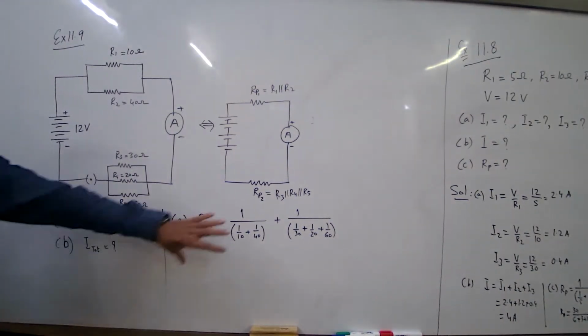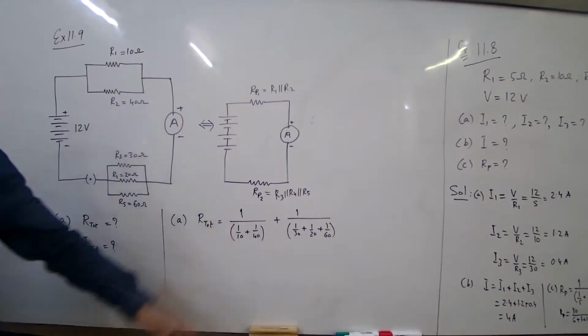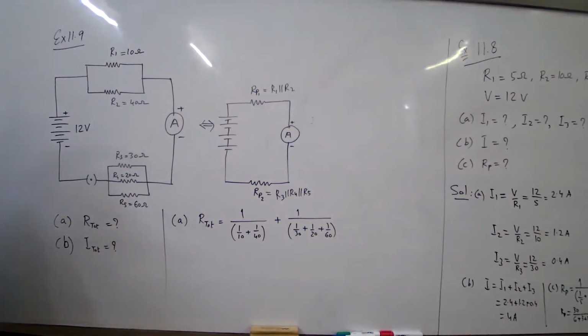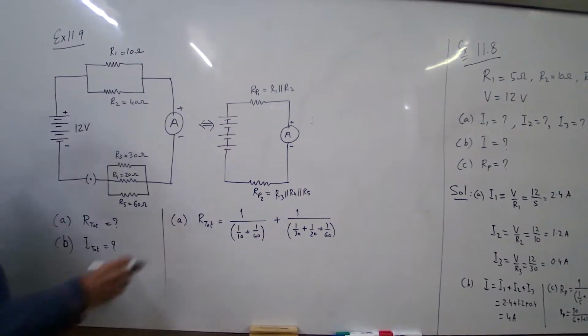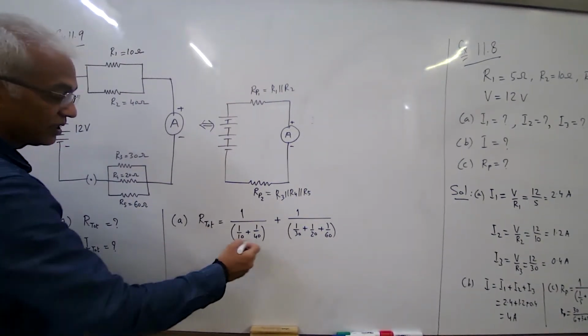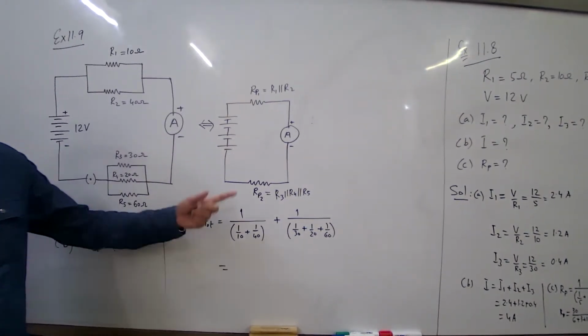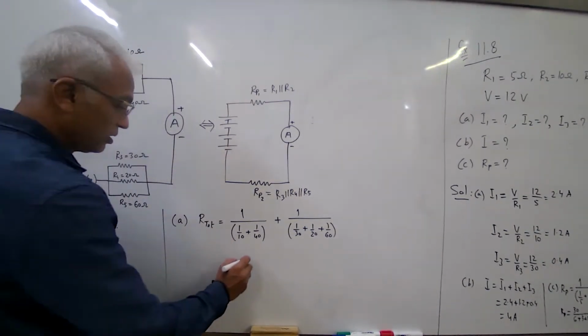Makes sense. Because this is in parallel, this is in parallel, but both are in series. This is easier. So this is how you do it, because this is in series now. So what is it? So you take the LCM, 10 into 40, or 40 is the LCM, right? So what you will get here?